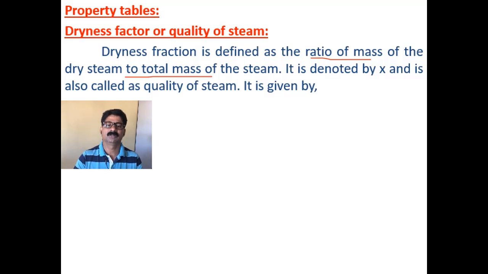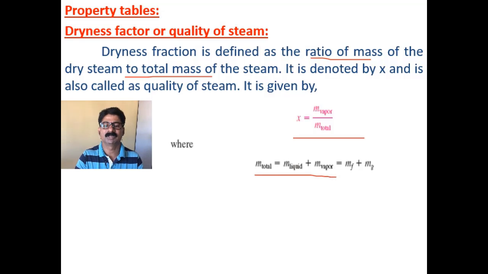state. So it is denoted by the letter X, and it is given by mass of vapor to the total mass of the steam. So total mass of the steam is nothing but mass of liquid plus mass of vapor, so that is mf plus mg. At the saturated liquid point there is no vapor, so this term becomes 0. So X is equal to 0. At the saturated liquid point, there is no mg, only mf is there, so this quantity becomes 0, so X becomes 0.